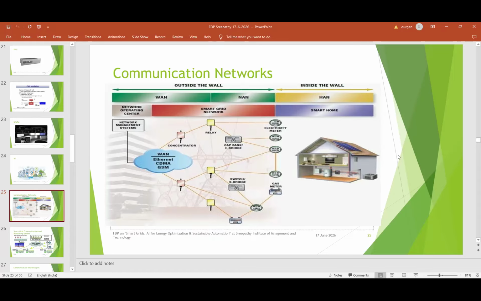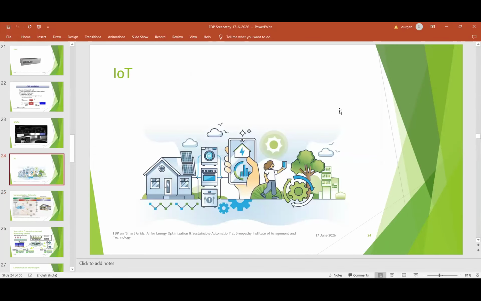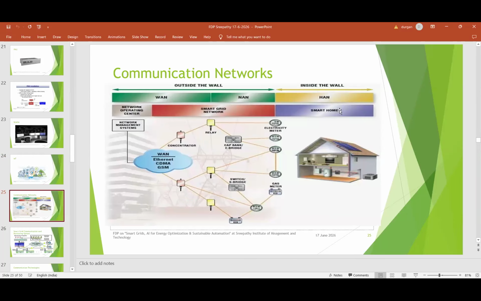Okay, so I'll continue. This is the graphical representation of the IoT, and then communication networks. The communication infrastructure has WAN and HAN networks, which use Wi-Fi or WiMAX, then 3G wireless networks, 4G, 5G, like this.